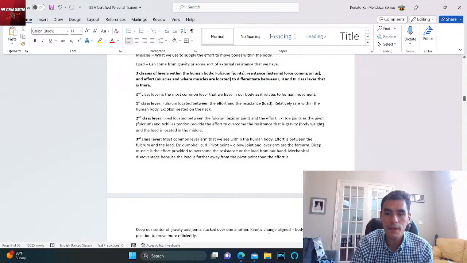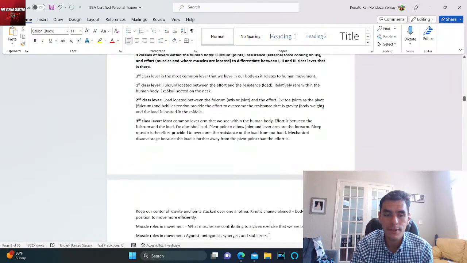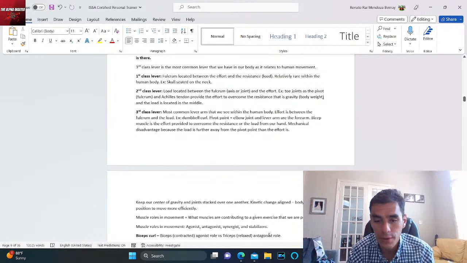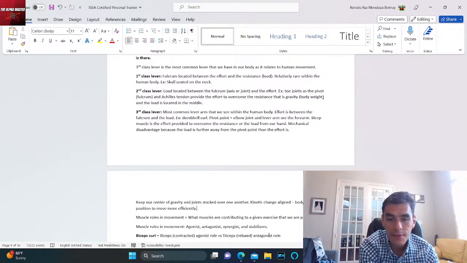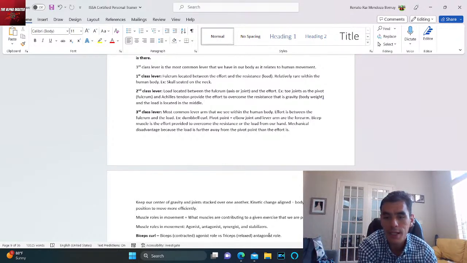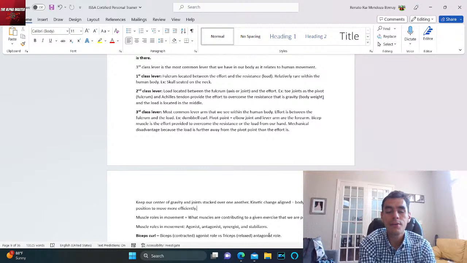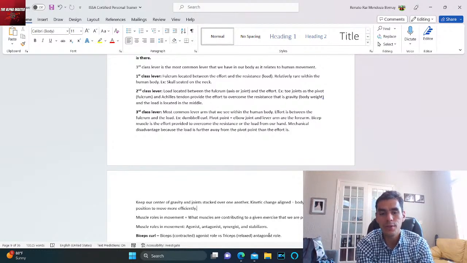To keep our center of gravity and joints stacked over one another, the kinetic chain is aligned.